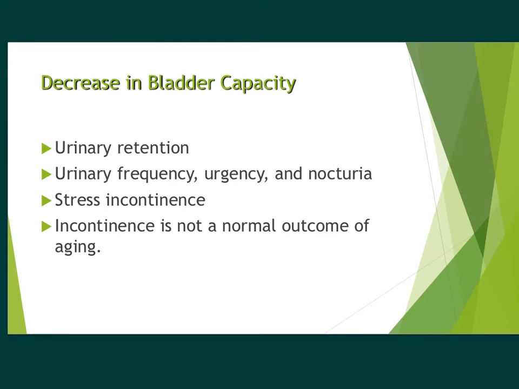Just so you know, incontinence is not considered a normal outcome of aging. So anytime that there is an incontinence issue, we do need to make sure that we investigate it. Also, the prostate for guys just naturally enlarges, and so this can lead to signs of BPH, which we're going to study at a later time, which leads to hesitancy, frequency, urgency, getting up at night, dribbling, etc.